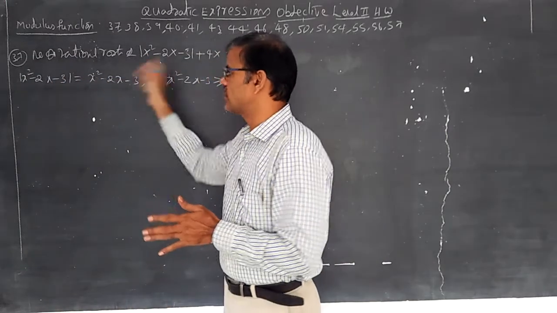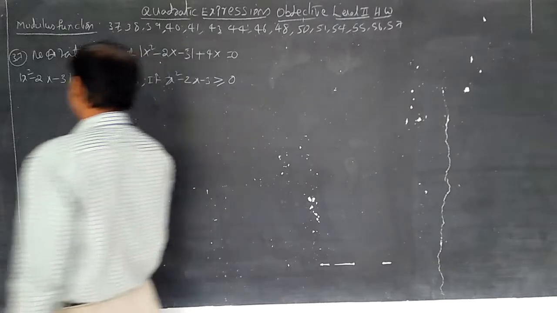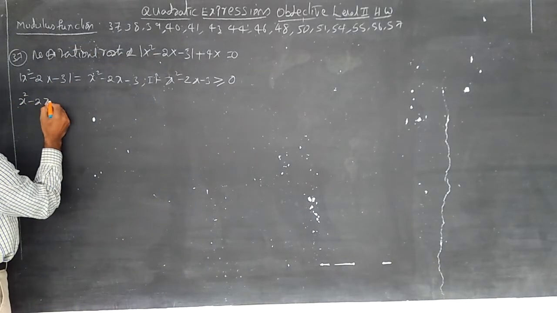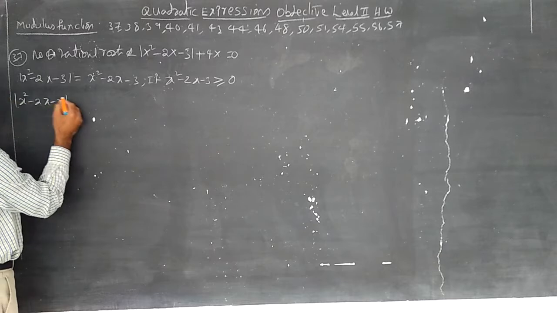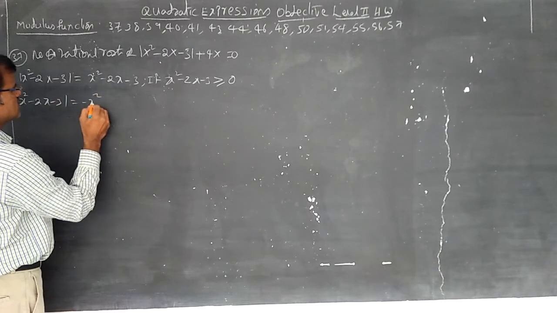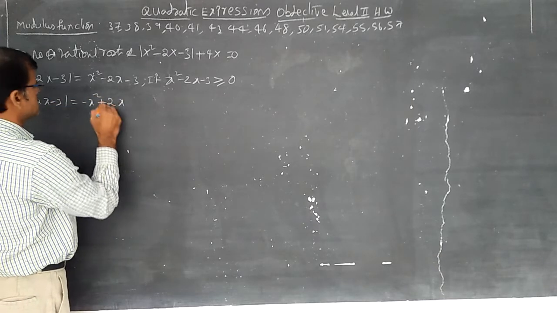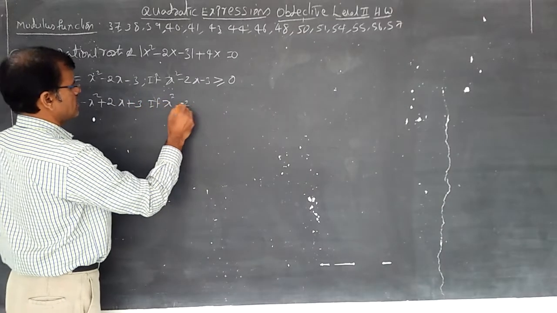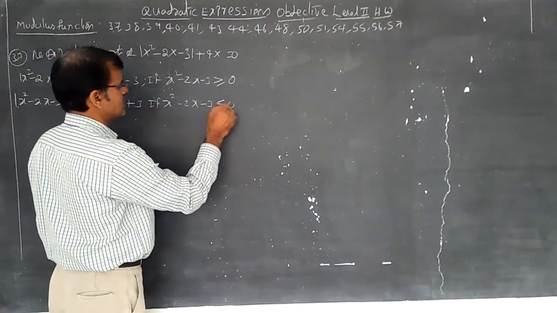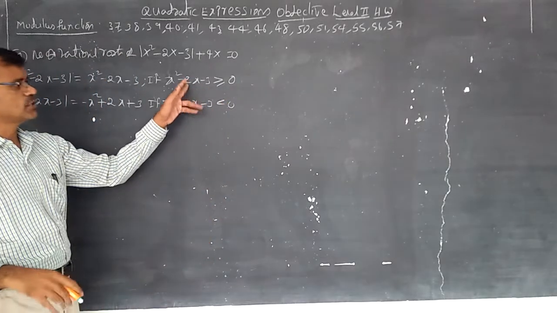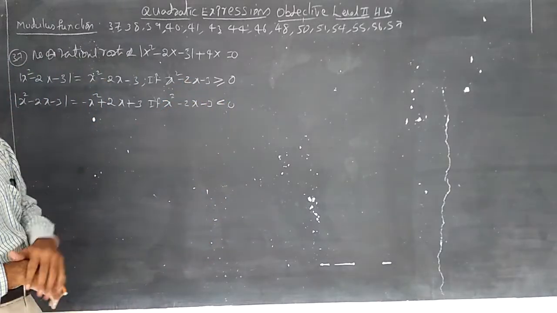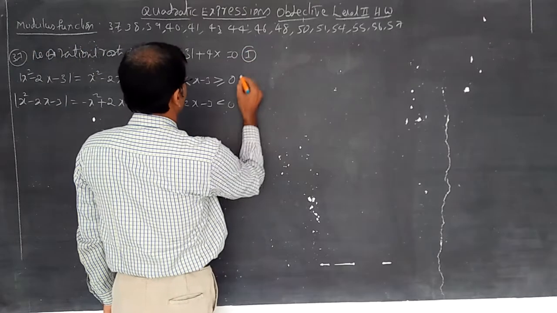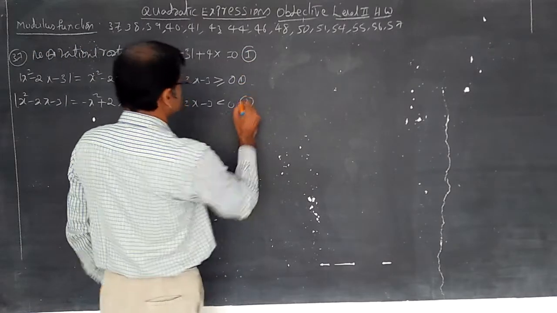And modulus of x square minus 2x minus 3 is equal to minus x square plus 2x plus 3 if x square minus 2x minus 3 is less than 0. So for greater than 0 we calculate roots, and for less than 0 we calculate roots. Later we can substitute in each case. This is Roman number 1 and this is 2.